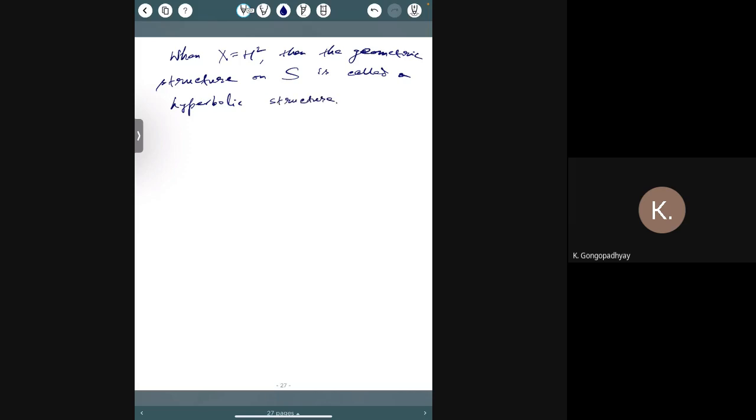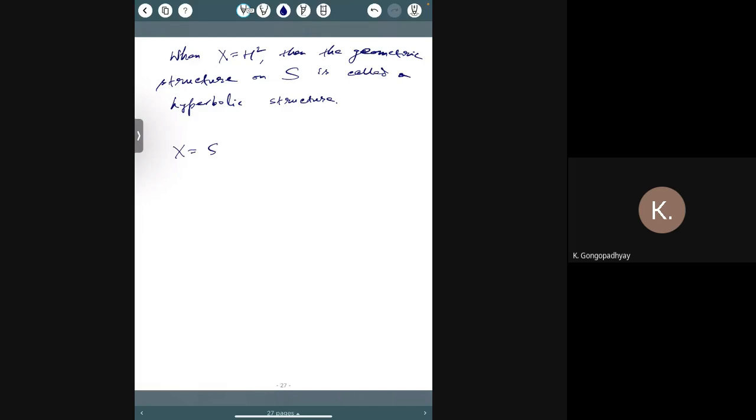When X is H2, then the geometric structure on S is called a hyperbolic structure.